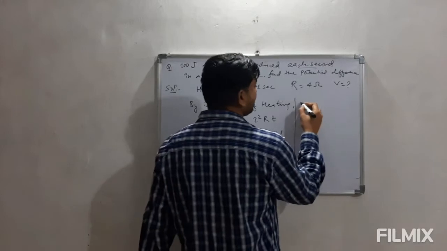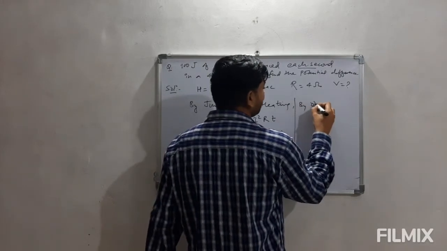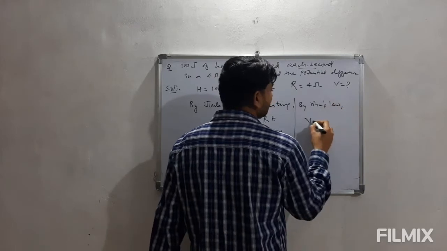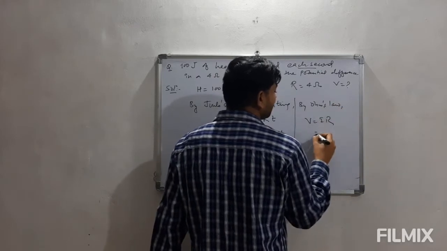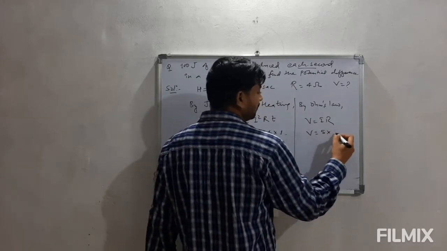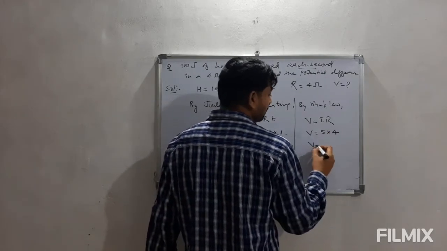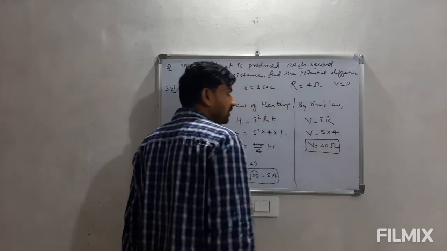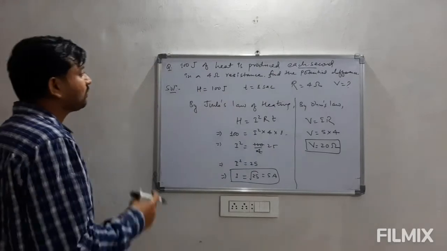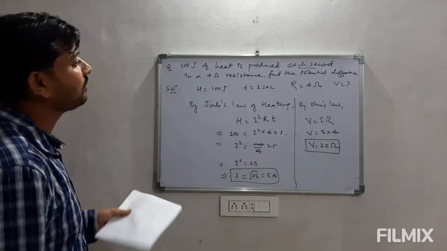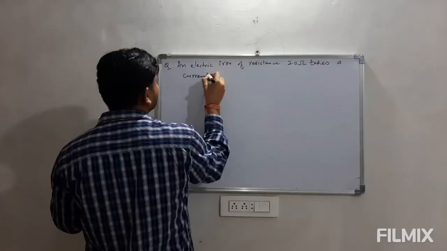Now by Ohm's law we can find out the potential difference. V is equal to IR, which is the current we have calculated, 5, and the resistance is 4. So the potential difference comes out to be 20 volts. So this is the very basic problem related to heat, where we have to find the potential difference.